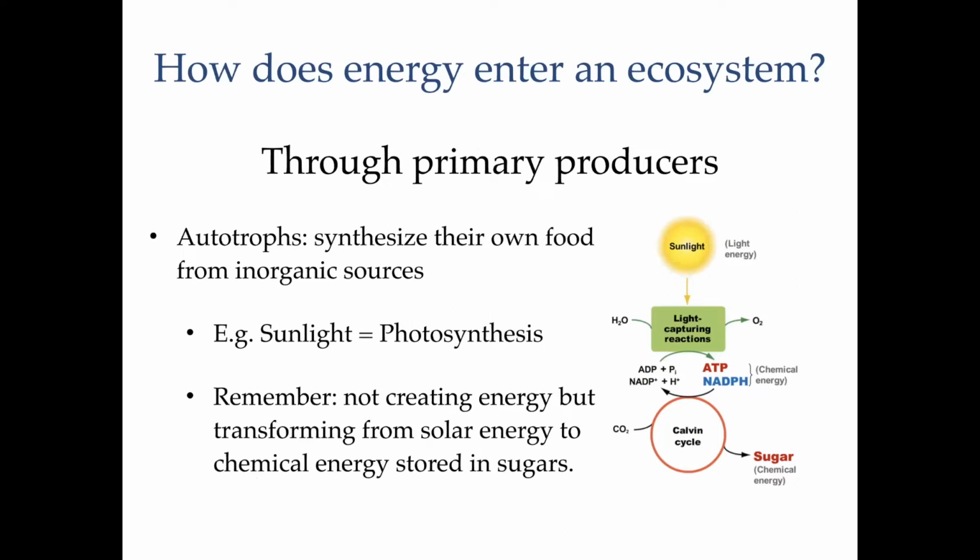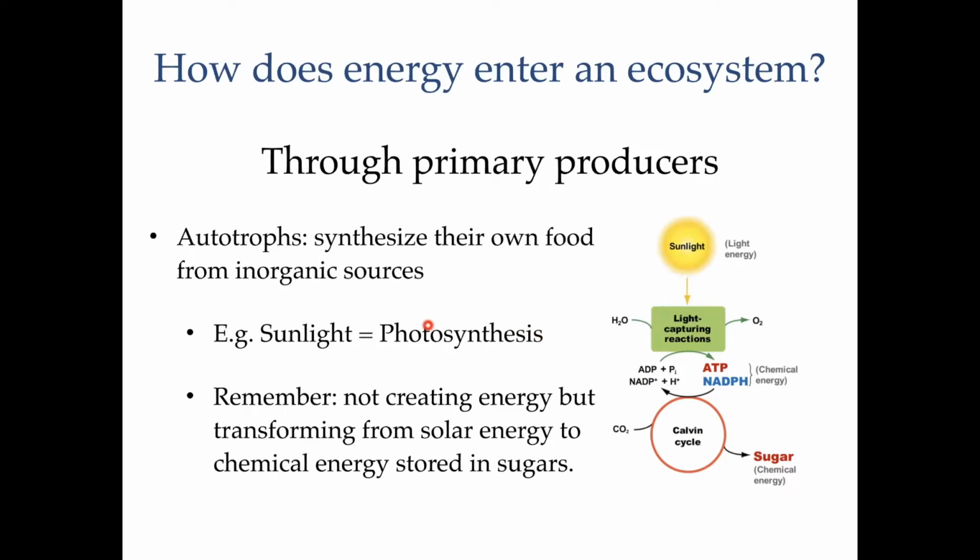So if we are talking about energy, we need to understand how energy enters the ecosystem, how it starts in the system. And we already studied photosynthesis, so we know that through primary producers, the autotrophs, the organisms that are able to produce their own food from inorganic sources, that is how the energy is going to enter the ecosystem.